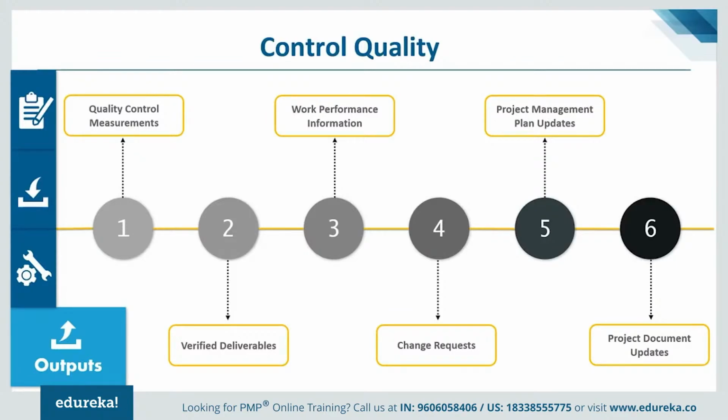We do a deep dive when we deliver the PMP training program. We get into each of these tools and techniques, inputs, and outcomes in much more detail, in fact. And we also take a lot of different examples as a part of this. But in this webinar, we have just given you the introduction to quality management as a part of the quality management knowledge area within PMBOK 6th edition.